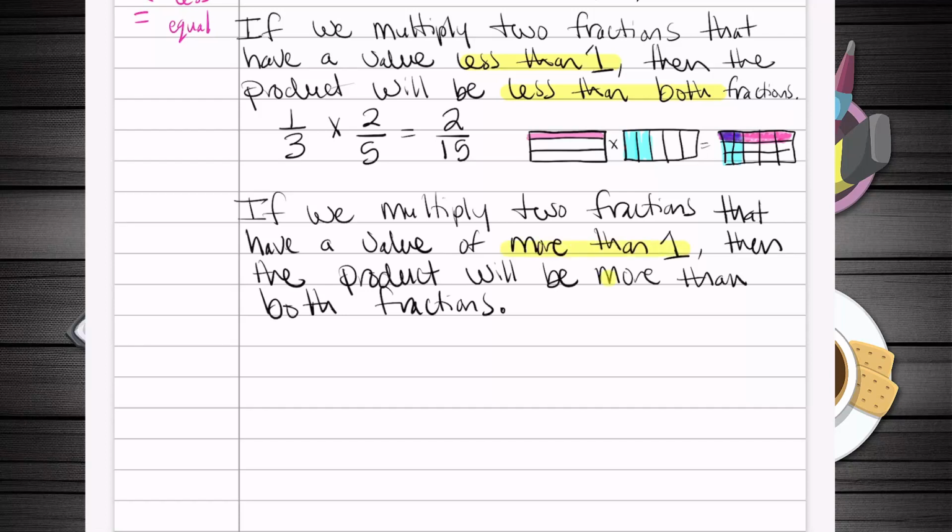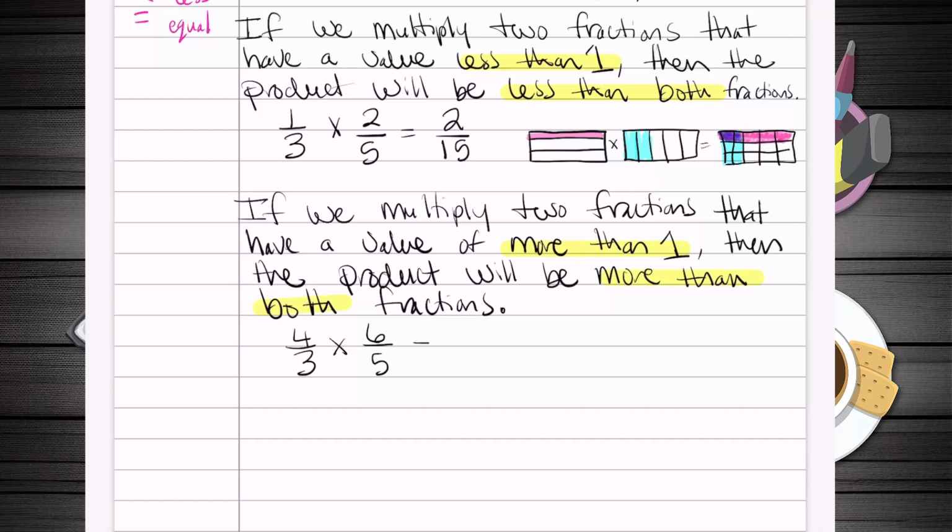So let's highlight more than 1 and more than both. And then we're going to multiply 4/3 and 6/5. 4/3 is slightly more than 1 whole, and 6/5 is also slightly more than 1 whole.